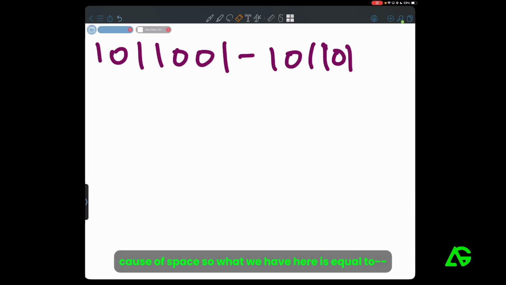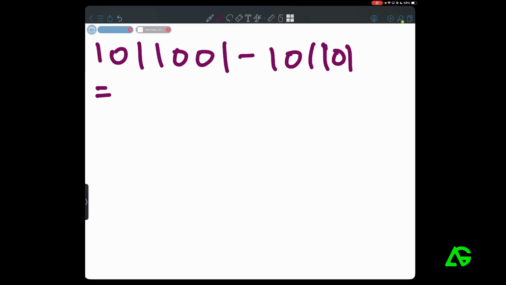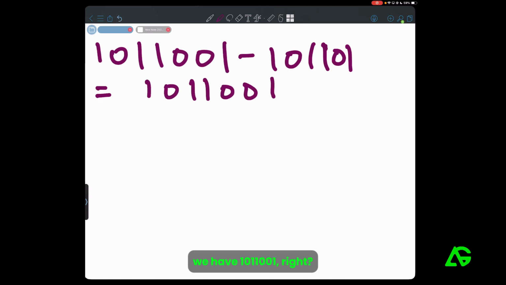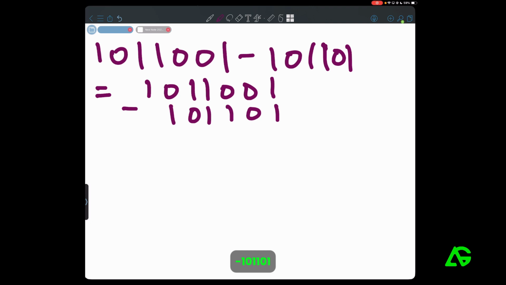So what we have here is equal to 1, 0, 1, 1, 0, 0, 1, right? Minus 1, 0, 1, 1, 0, 1, right?